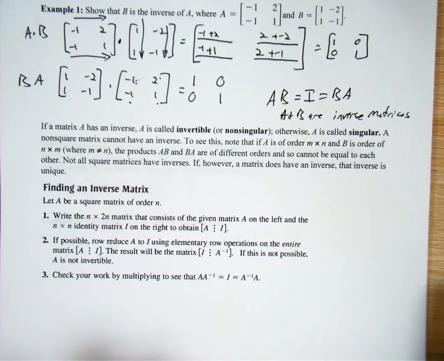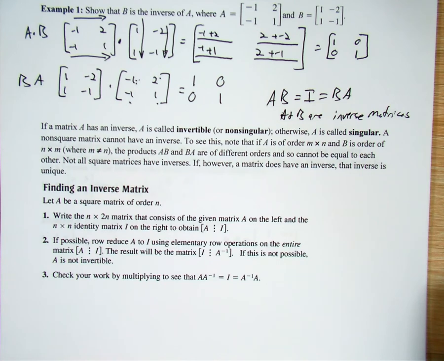Alright, if matrix A has an inverse, it's called invertible or non-singular. Otherwise, if it doesn't have an inverse, it's called singular. A non-square matrix cannot have an inverse. To see this, note that if A is of order m by n and B is of order n by m, where m and n are not the same, they're different orders, the products would be different sizes.